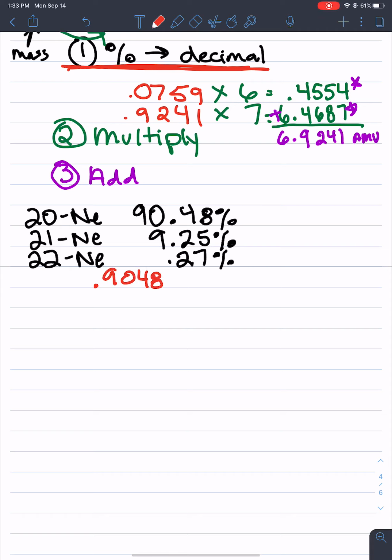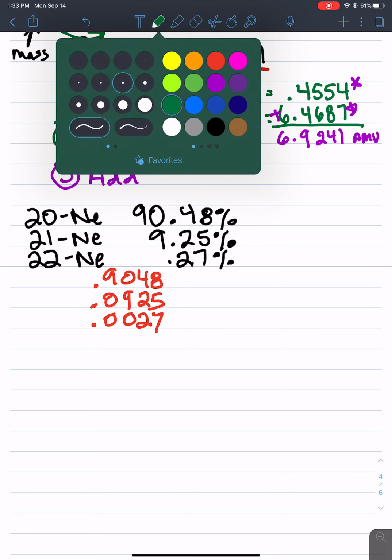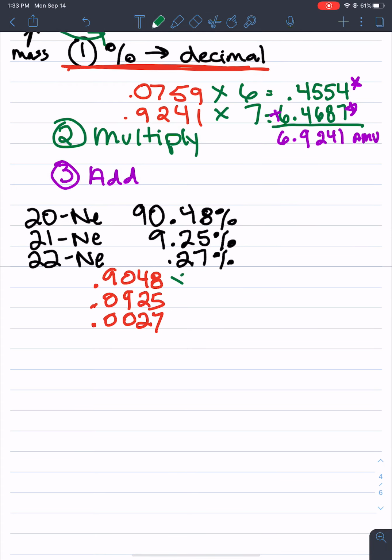All right, so our first step, remember, is changing these into decimals, so we get 0.9048, 0.0925, and 0.0027. Okay, that's our first step. Our next step is to multiply. We're going to multiply the first one by 20, the second one by 21, and the third one by 22. You can do this on your calculator. Like I said, I did this earlier.